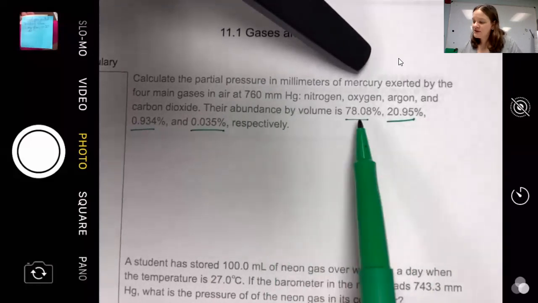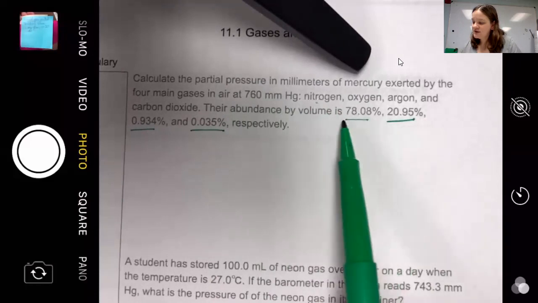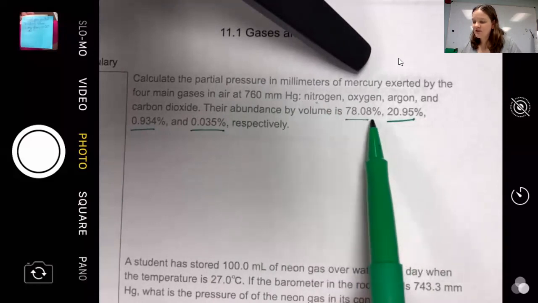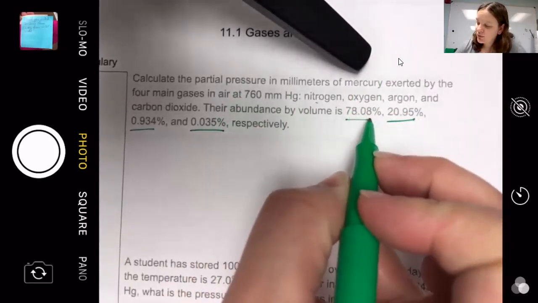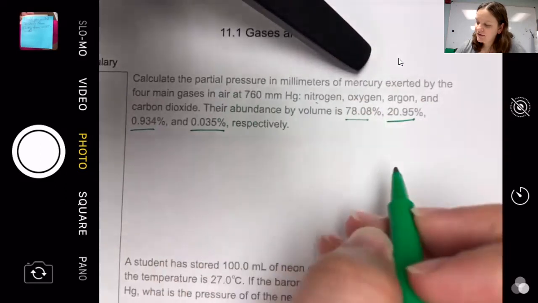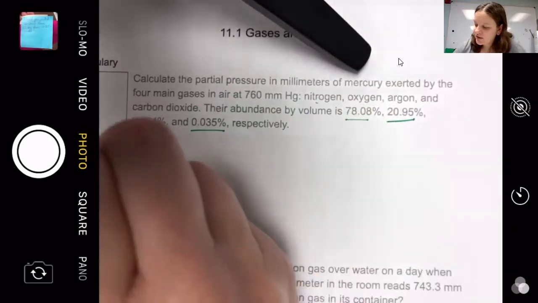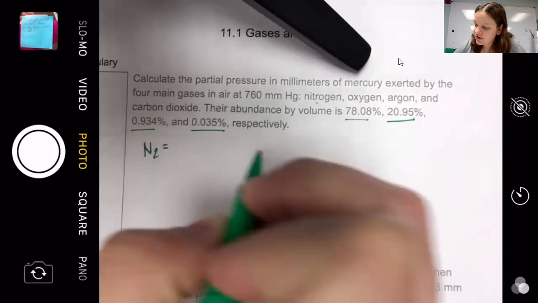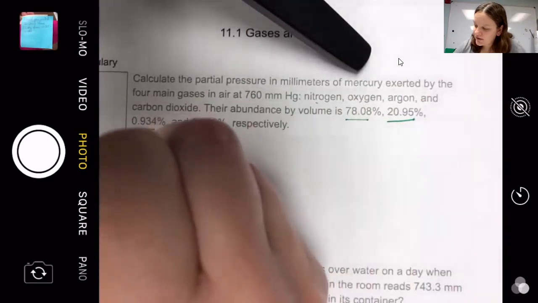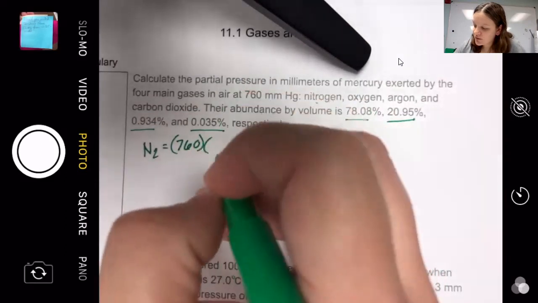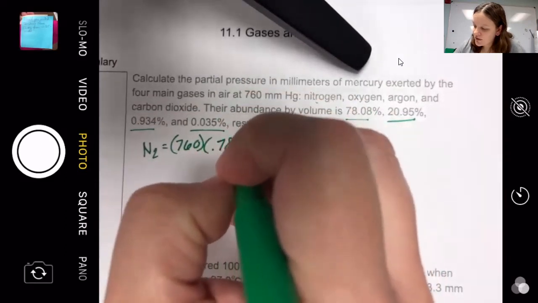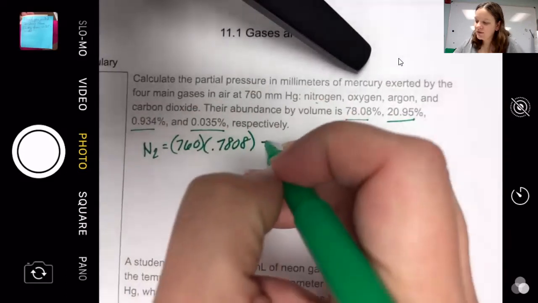So if, for instance, nitrogen is exerting 78% of the pressure, then what is that value? So we're going to find 78.08% of 760. Okay, so for the nitrogen, we would multiply the 760 by 78.08 as a decimal, that percentage as a decimal.